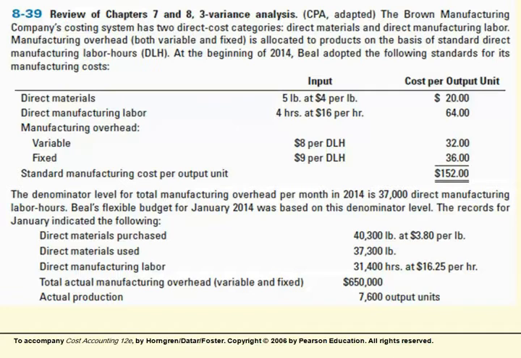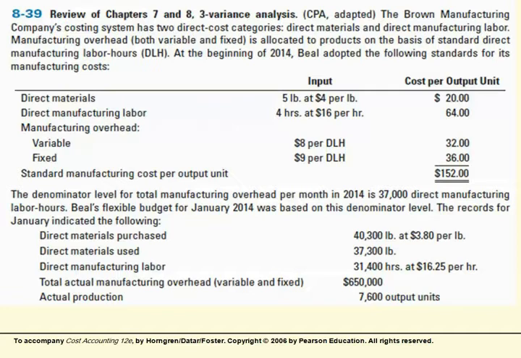Direct materials, 5 pounds at $4 per pound, so cost per output unit will equal 5 multiplied by 4, equal $20 per unit. Direct manufacturing labor, 4 hours at $16 per hour, so cost per output unit will equal $64 per unit.